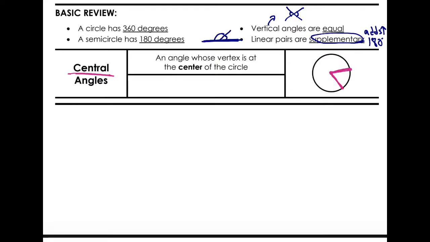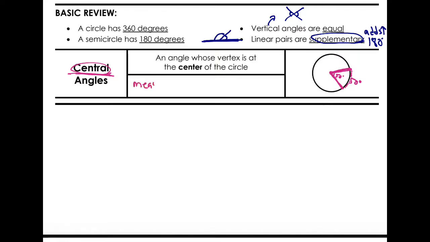Let's say it's about 50 degrees. So if we know that that angle is 50 degrees, we actually know that this arc also measures 50 degrees. This arc up here. So the relationship between a central angle and the arc is that they're the same.